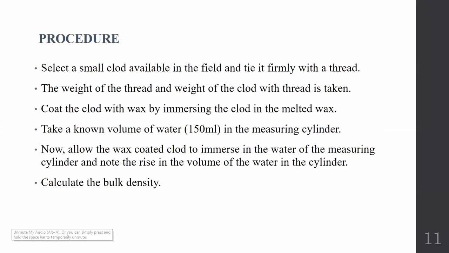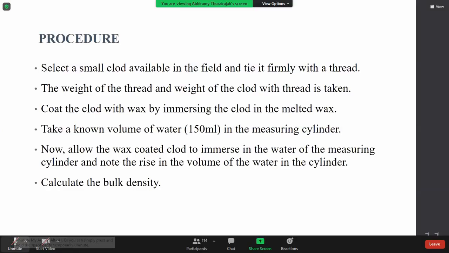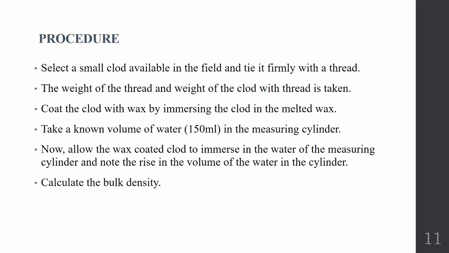Why do you think we need to immerse this clod into melted wax? We can use it as it is, no? If we directly used it, water can enter it. That's why we immerse that clod into the melted wax.